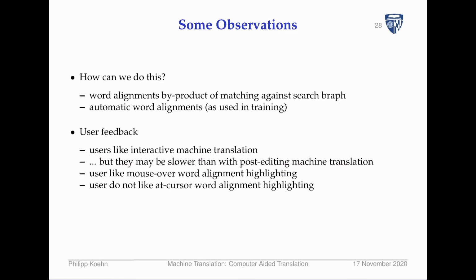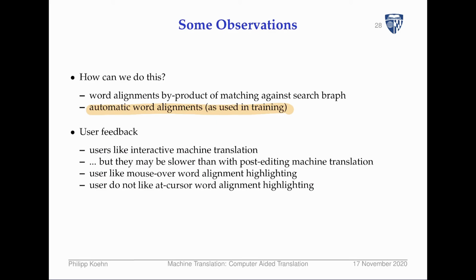Or what you could also do is run the word alignment methods that we discussed at the very beginning, these IBM Model 1 type word alignment methods that figure out correspondence between input and output words. So if you feed it the prefix and the ideal extension of what the machine translation system has in mind, you basically have a sentence pair that can be fed into an alignment algorithm, and then you can get the word alignments.